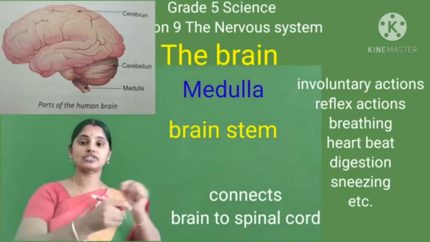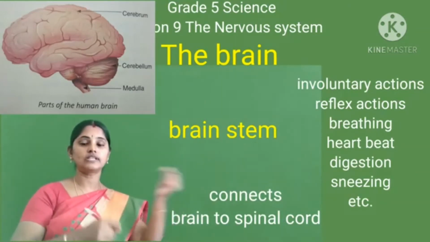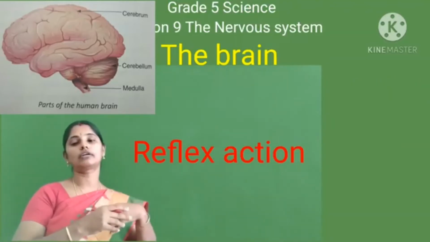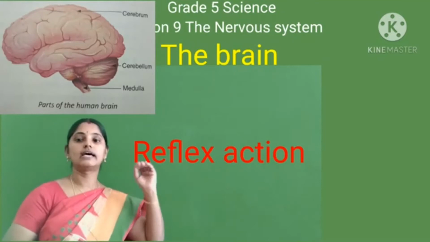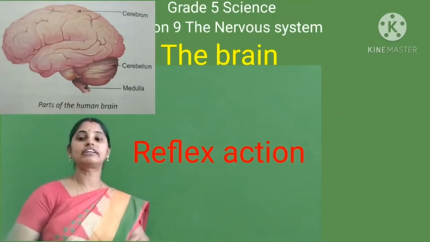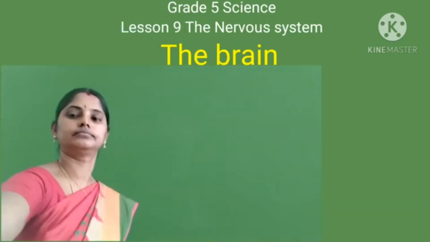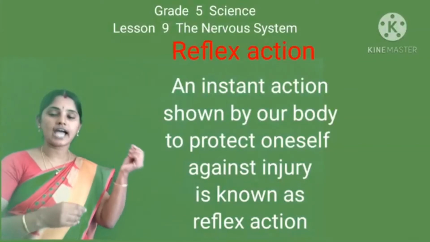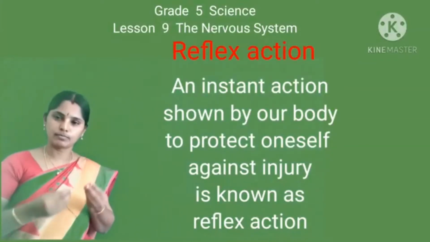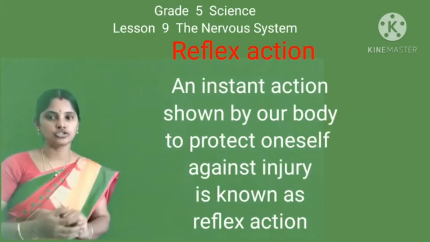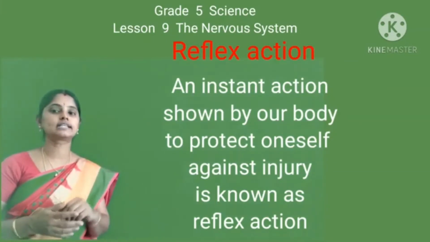Now the reflex action. If we touch hot things, we immediately withdraw our hand. The instant action shown by our body to protect itself against injury is called reflex action.